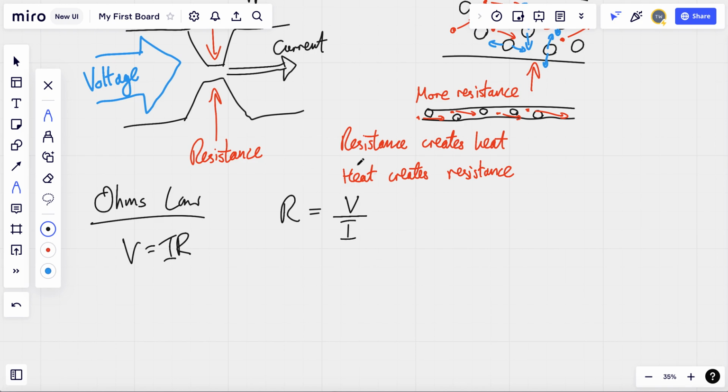Ohm's law is a bit of a weird one because it doesn't always hold, but for what we call an ohmic conductor, I get a pattern when I plot voltage against current. I get a nice straight line. This is called an ohmic conductor.